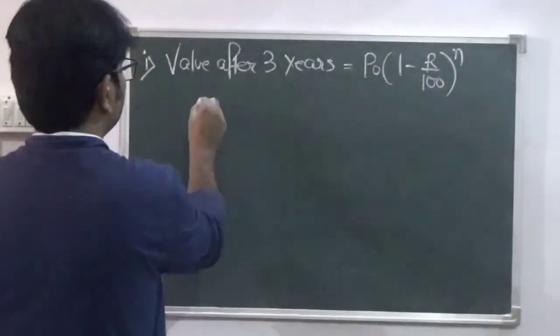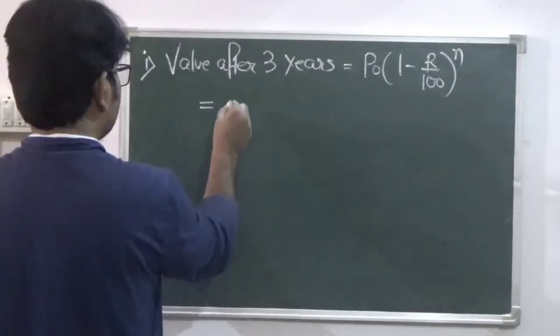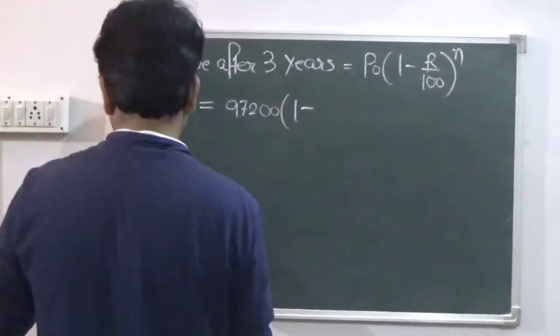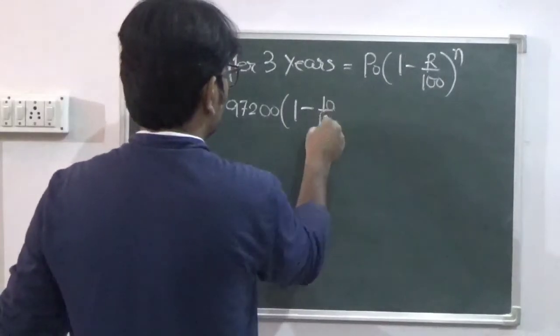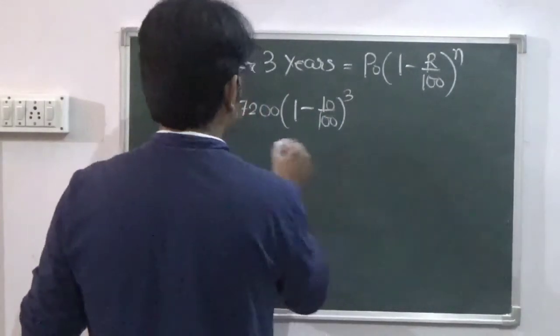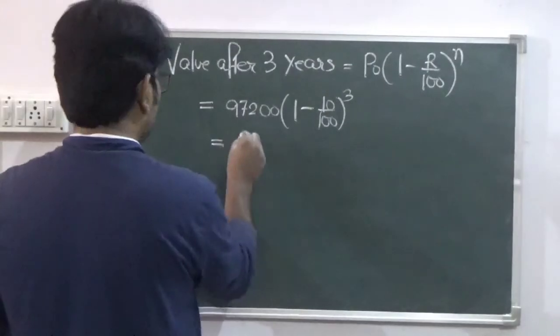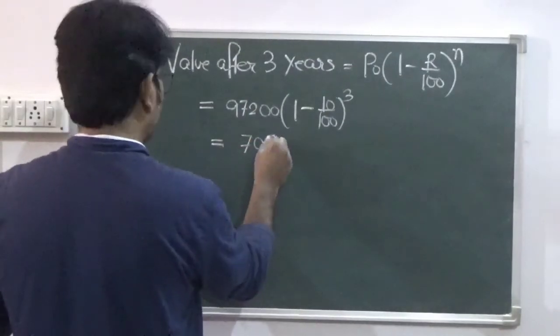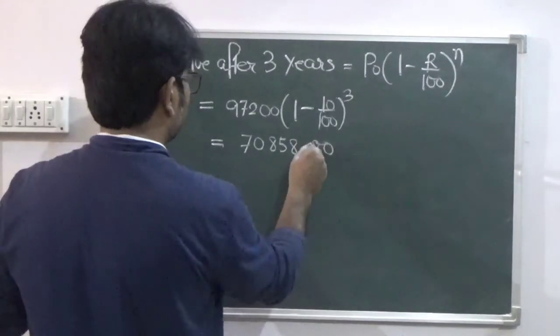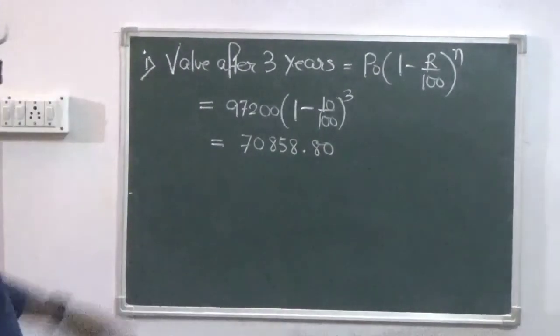Rest same. What is P0? 97200 into (1 minus 10 by 100) to the power 3. This is coming to 70858.80. So value after 3 years is this much.